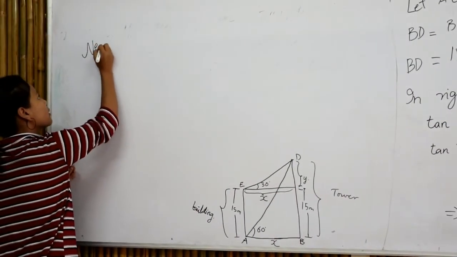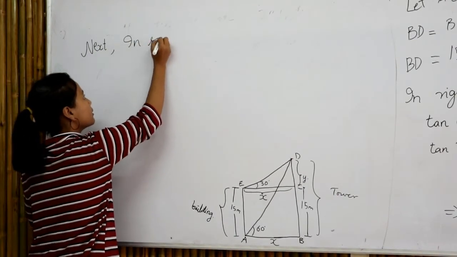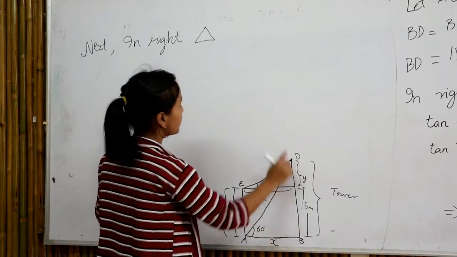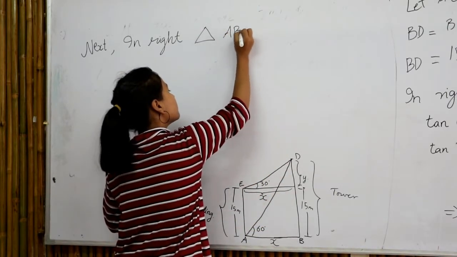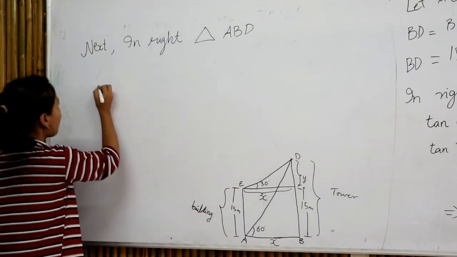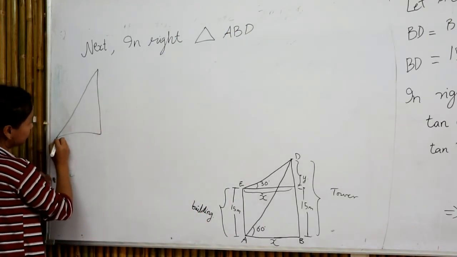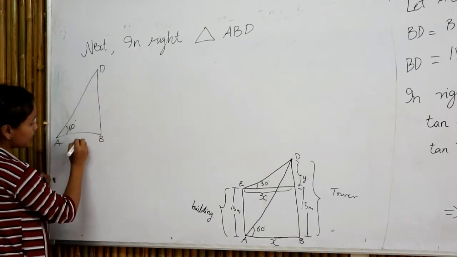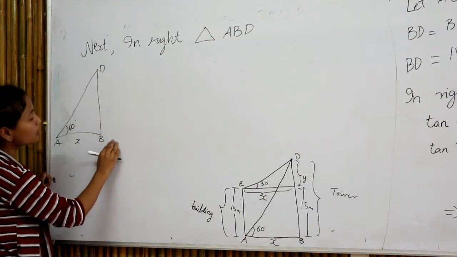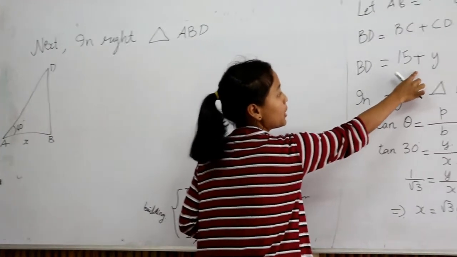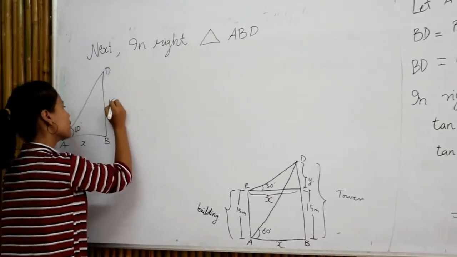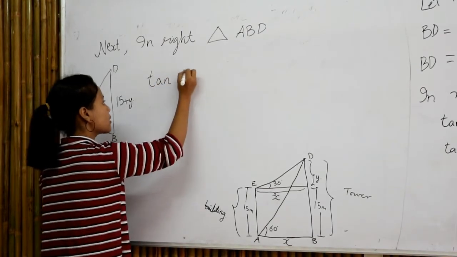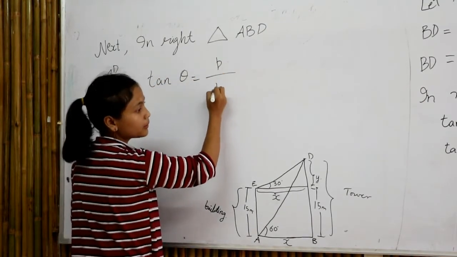In right triangle ABD, here is 60 degree, EB here is X, and BD here is 15 plus Y. Let us use again tan theta is equal to perpendicular by base.